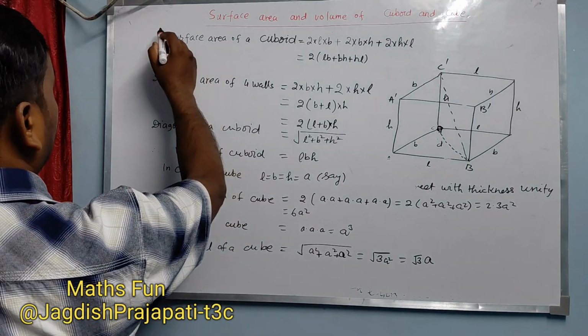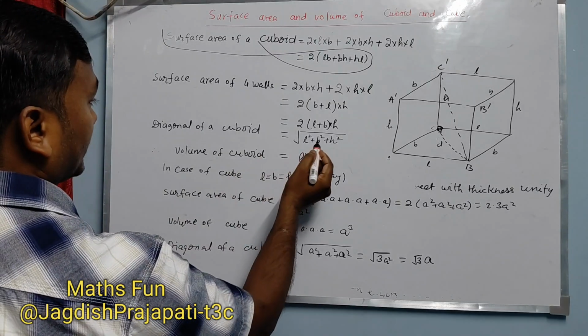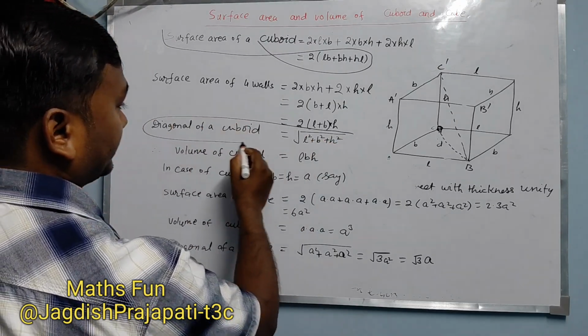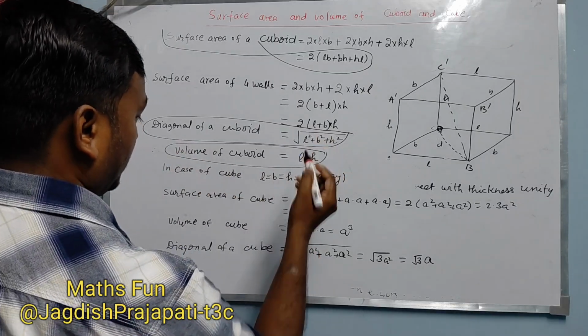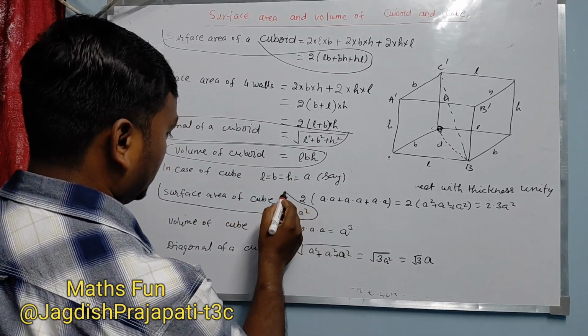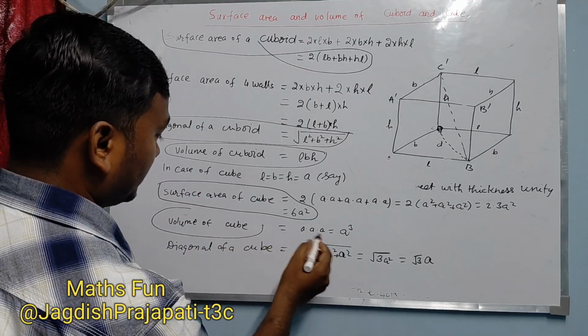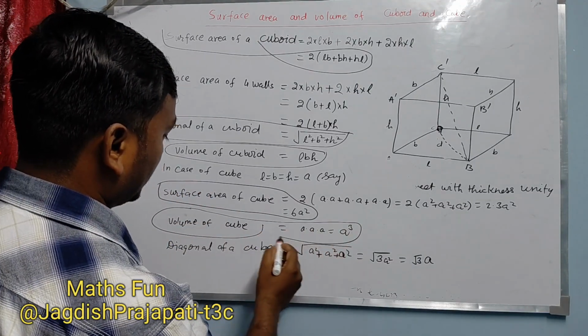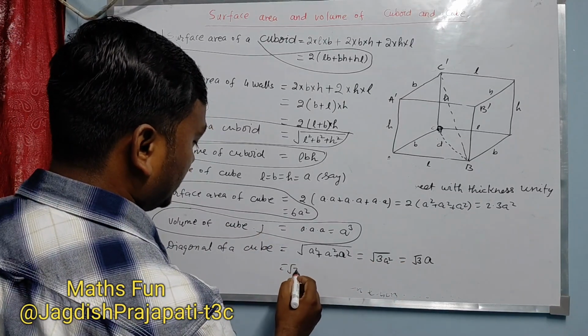So you have to remember this. Volume of cube will be A cube, and diagonal of cube will be under root 3A.